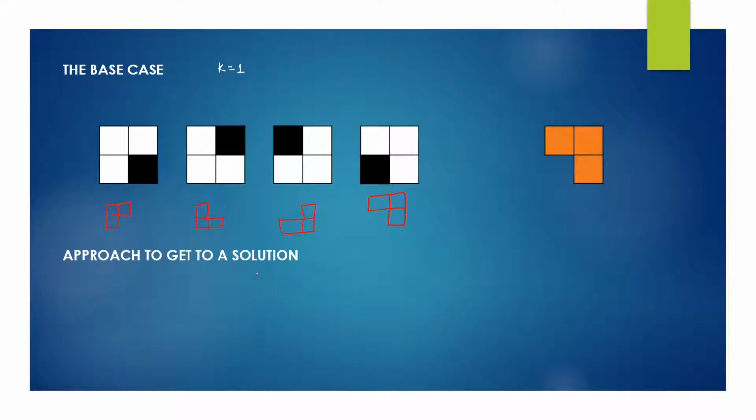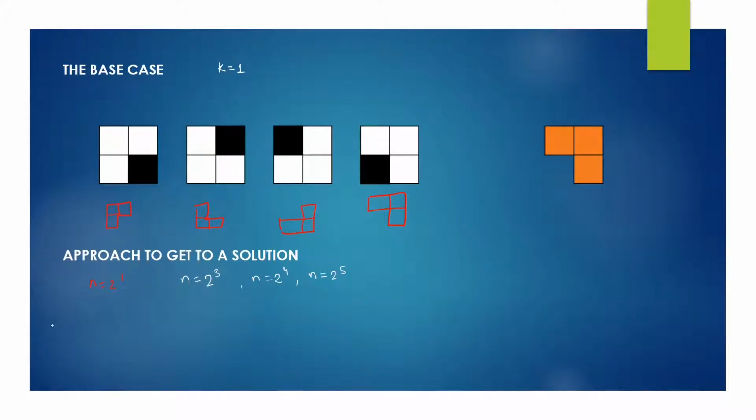Now how do we get to a solution for a general n, right? So in this case we had n equal to 2 power 1. How do we get it for say n equal to 2 cube, or n equal to 2 power 4, or n equal to 2 power 5? You can't always expect to fill a big chessboard of say size 32 cross 32 randomly, and use trial and error to see if an L-shaped tile can fit.